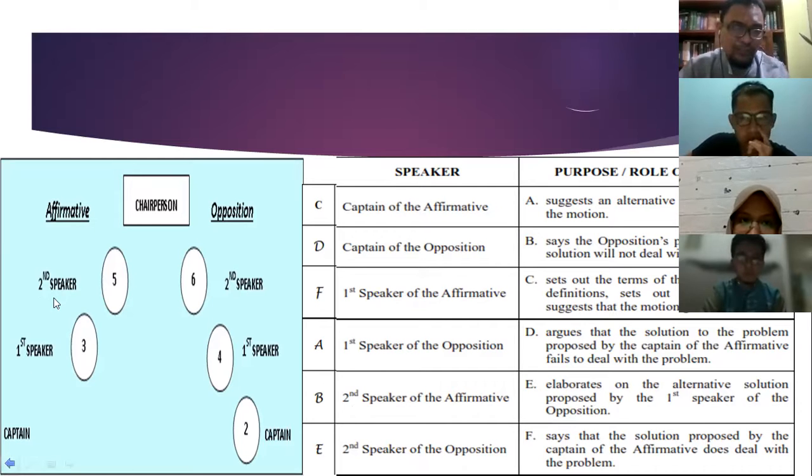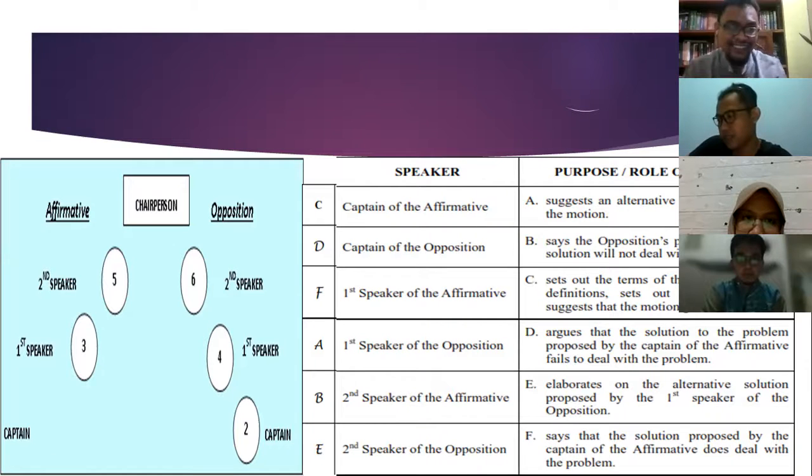So both teams, affirmative and opposition, share questioning and answering. Then the last one is the last speech by the captain of the affirmative and the captain of the opposition.